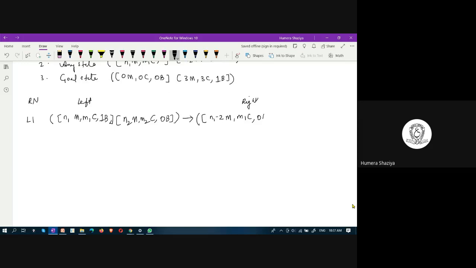M1C, 0 boat. And here N2 plus 2M, M2C, 1 boat. Can anyone tell me what is the left side of the rule and right side of the rule? What does it mean?